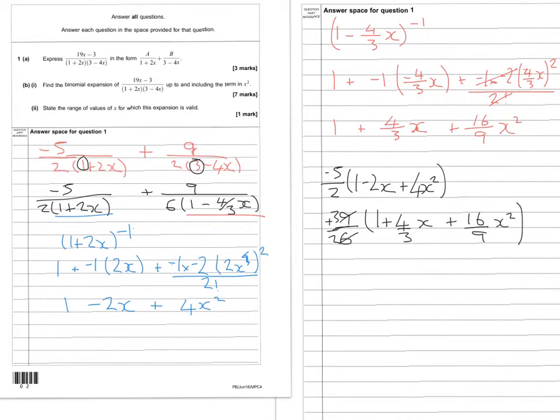So we get negative 5 over 2 plus 5x minus 10x squared, plus 3 over 2 plus 2x plus 8 over 3 x squared.